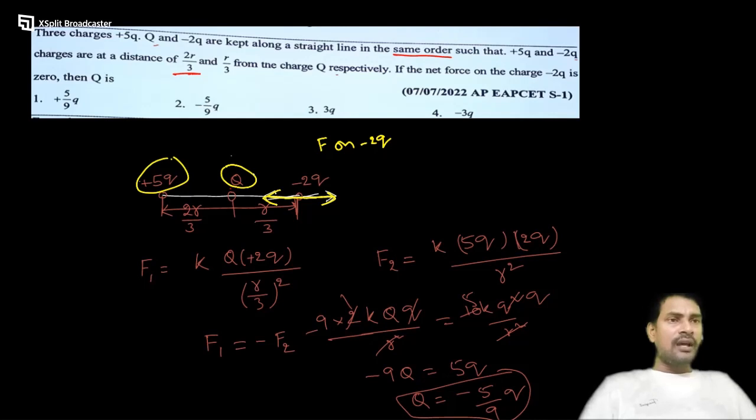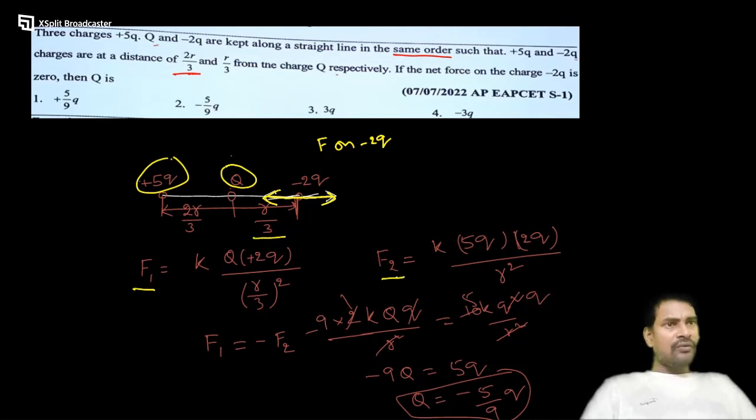The force acting on minus 2q due to 5q has to be equal and opposite to the force acting on minus 2q due to Q. So let us assume F1 is the force acting on the charge minus 2q due to the capital Q. Then F1 is equal to K into Q into 2q by r by 3 whole square.